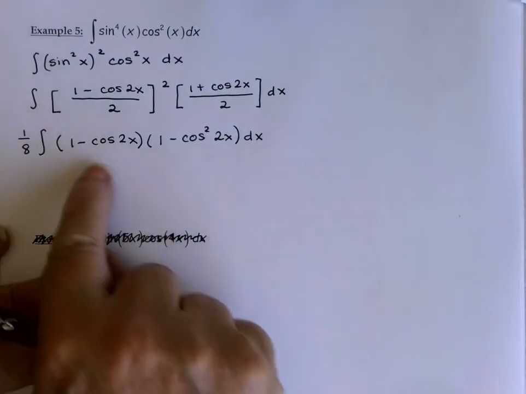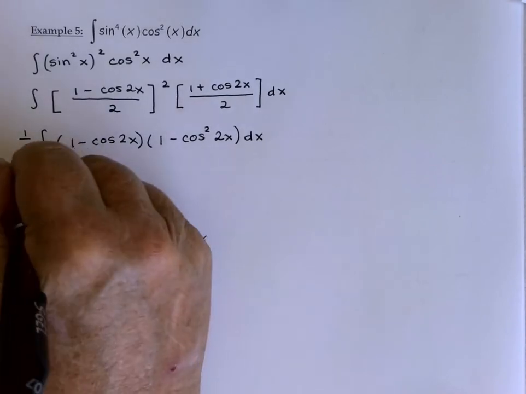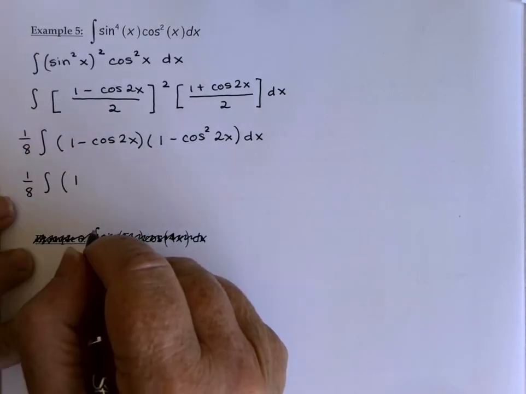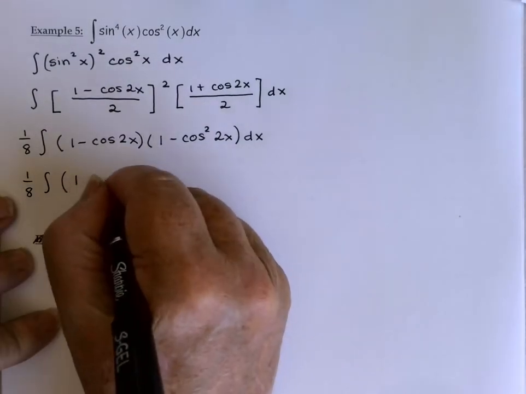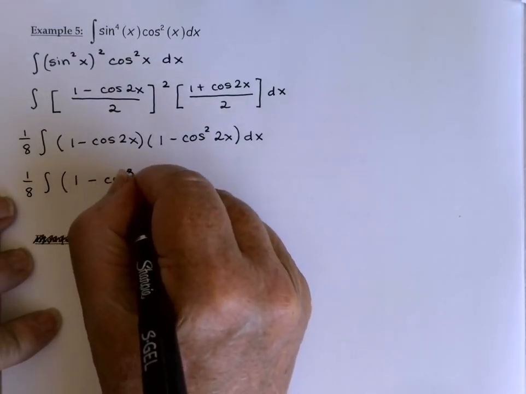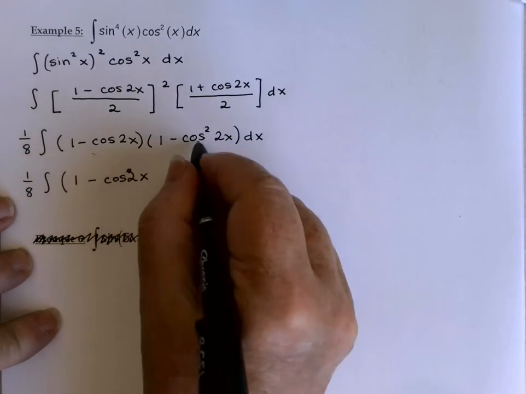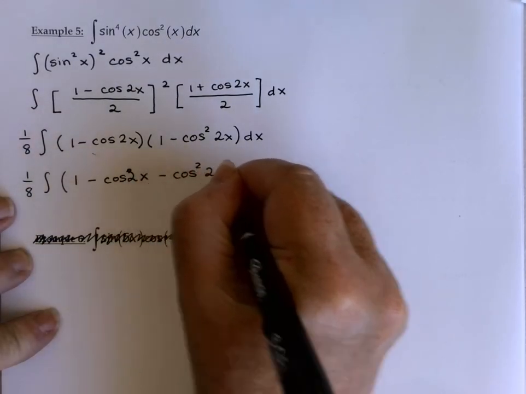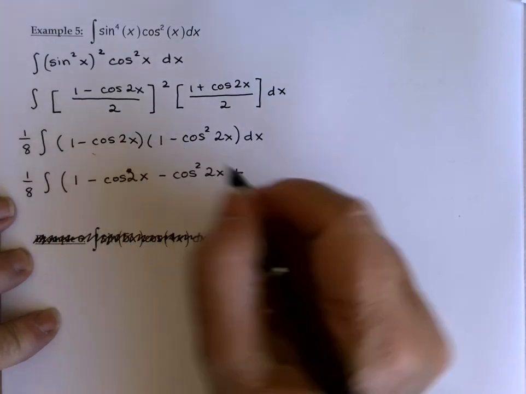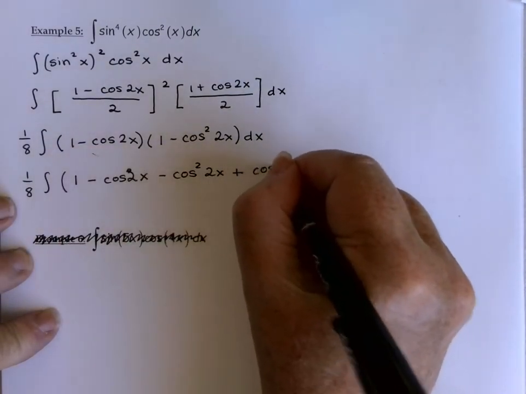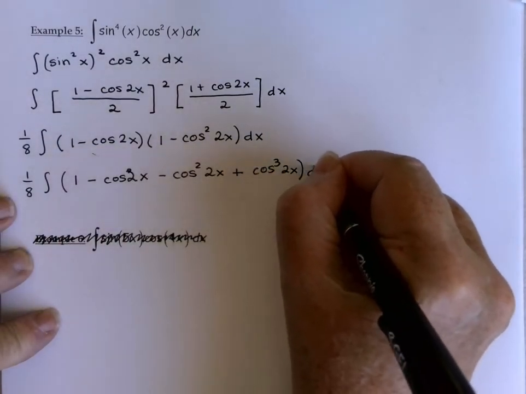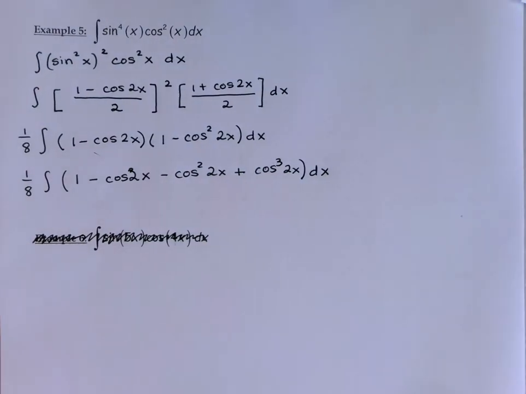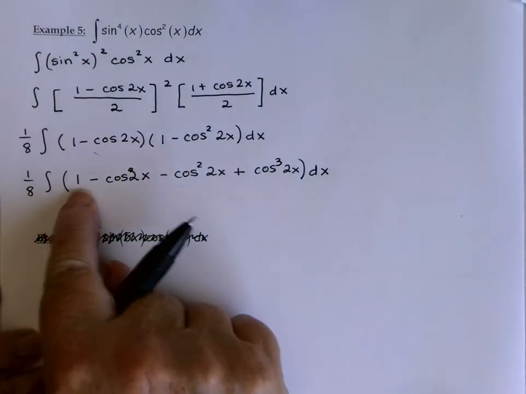Okay. That now isn't too bad. I'm going to go ahead and multiply that out. So I have 1 minus cos 2x minus cos squared 2x plus cos cubed 2x. Okay, the first two terms are pretty straightforward.